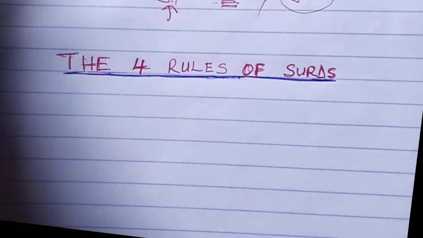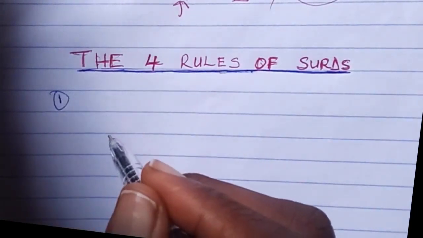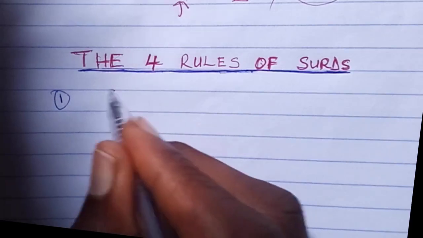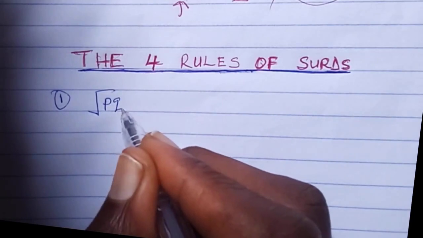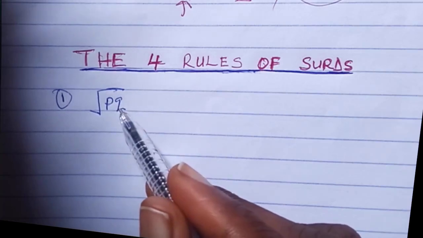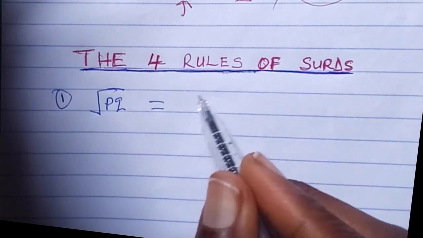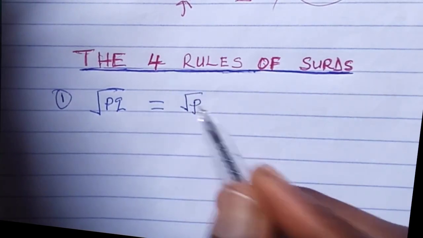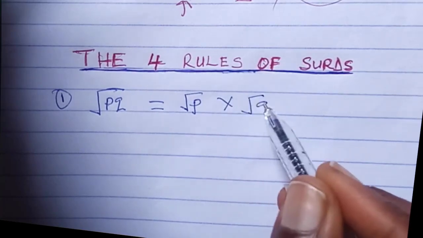Rule number 1, which is the multiplication rule. When you have two integers p and q multiplying each other, so this is p times q, the rule is saying that it can be expressed as root p times root q.